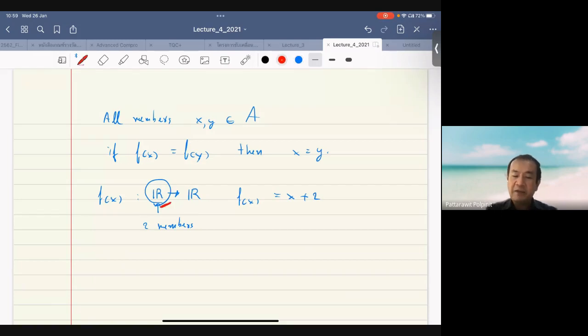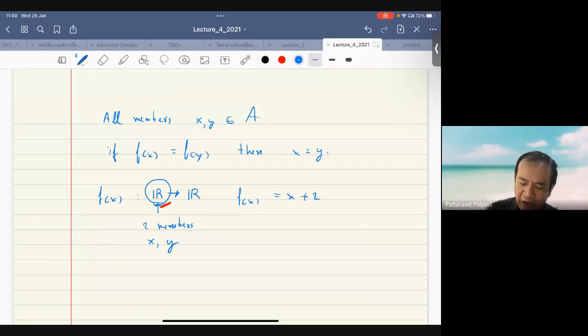You can imagine that you choose two numbers from that set, any numbers. Let's say the two numbers that you choose are x and y. X can be anything, but it has to be a real number. Y can also be anything, but it has to be a real number.